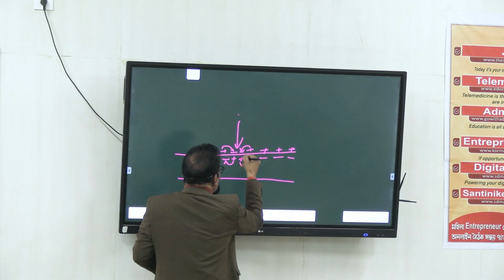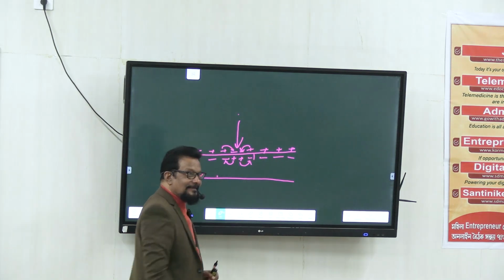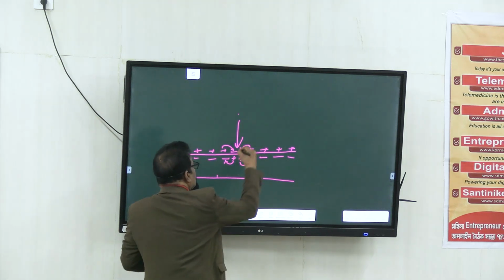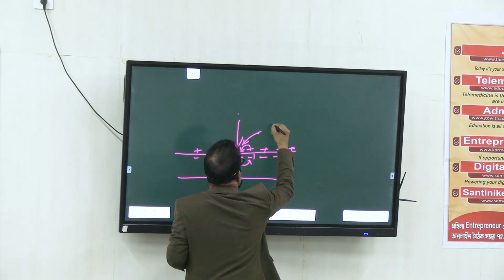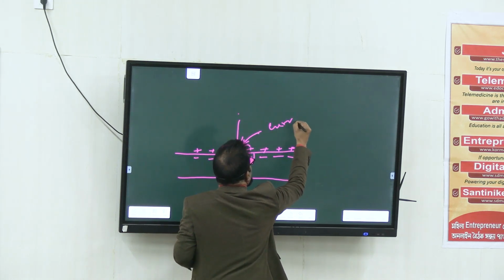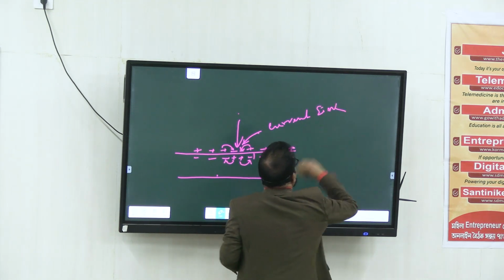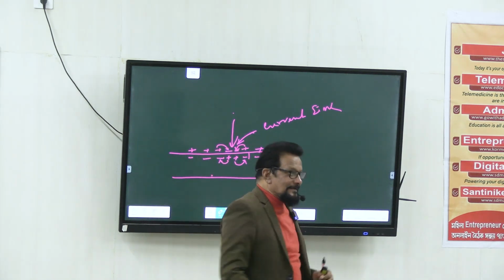So see, one loop is formed. Because of this form, this is called current sink. So this area became current sink.